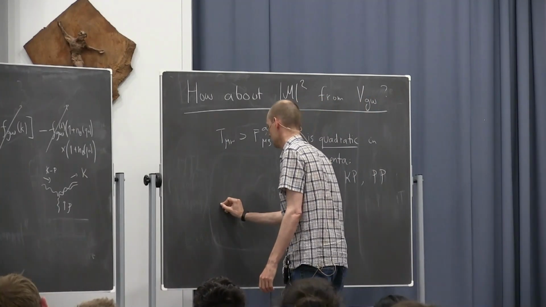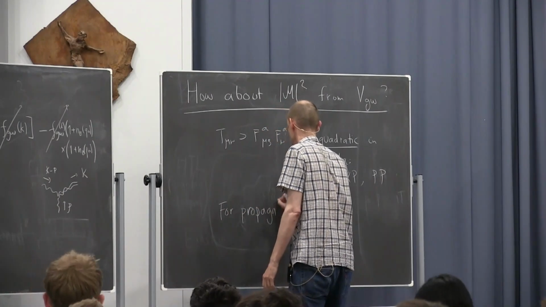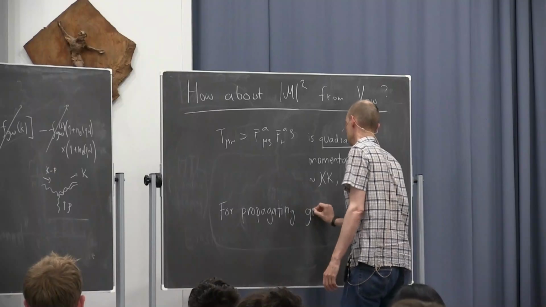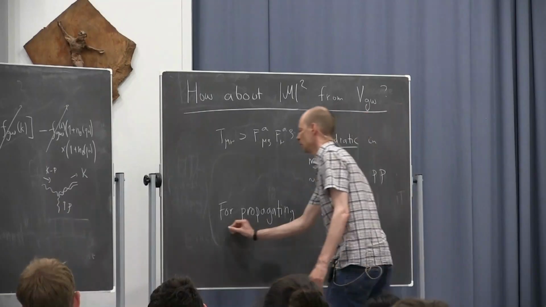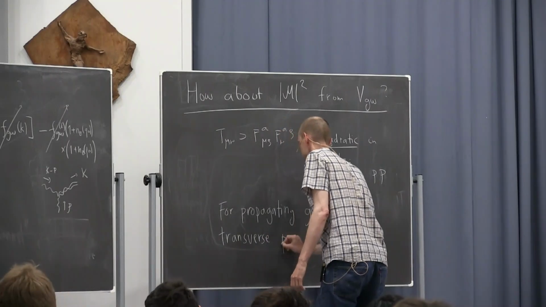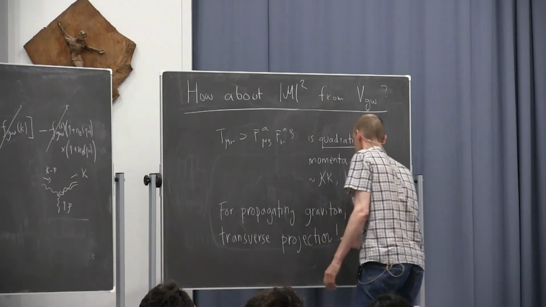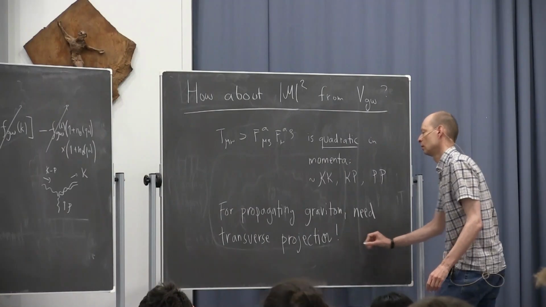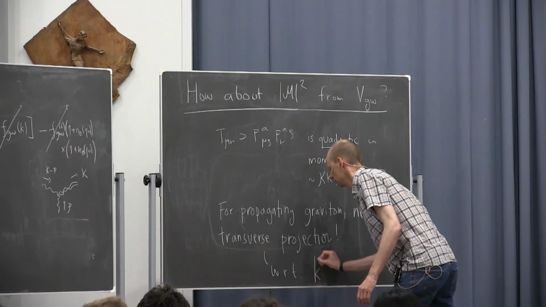So for a propagating graviton, we need a transverse projection, transverse with respect to the k vector.